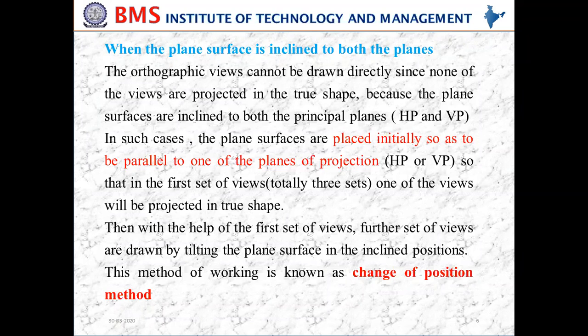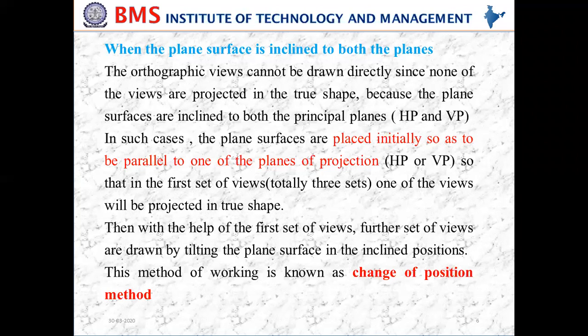In the sense, either HP or VP you have to keep it parallel, depending on the problem. Got it? So when the plane surface is inclined to both the planes, we cannot directly draw the views. That is why we draw by keeping it initially parallel to any one of the planes of projection.